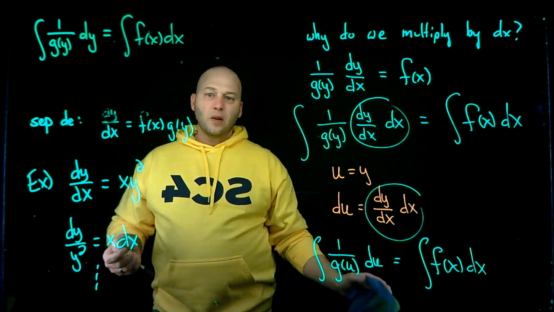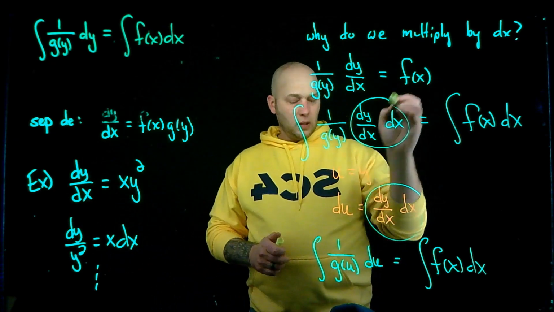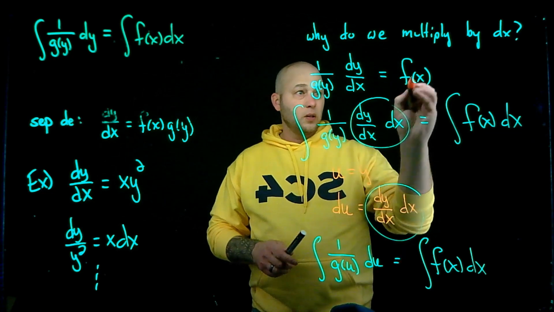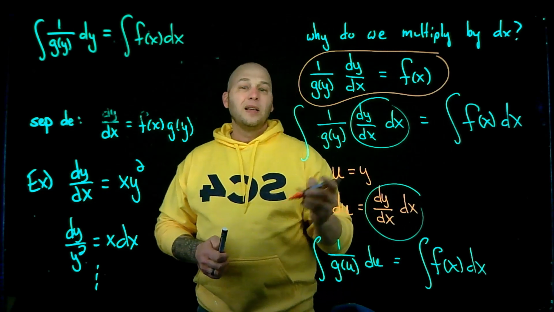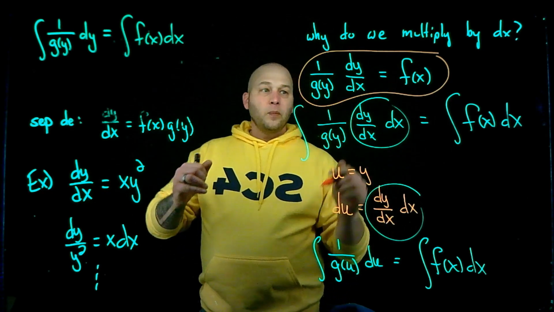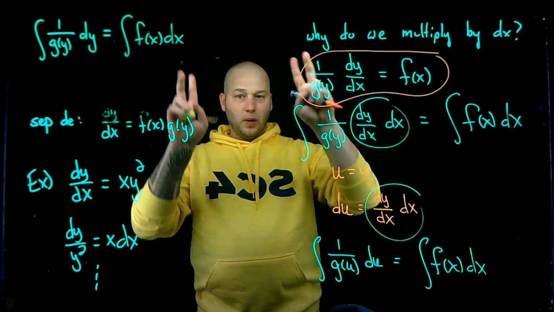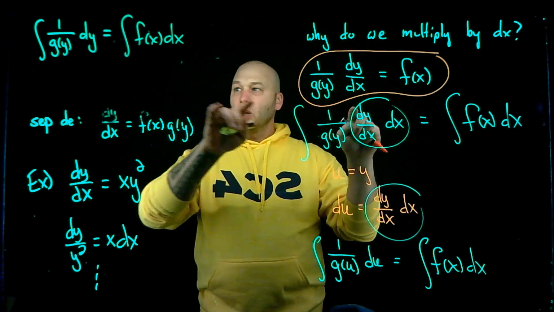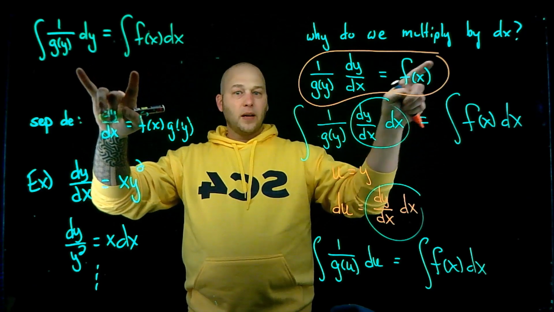And notice what happens if I look at this differential equation right here, where I separated just by dividing by g of y. If I multiply both sides by dx, it looks like I get 1 over g of y dy equals f of x dx.